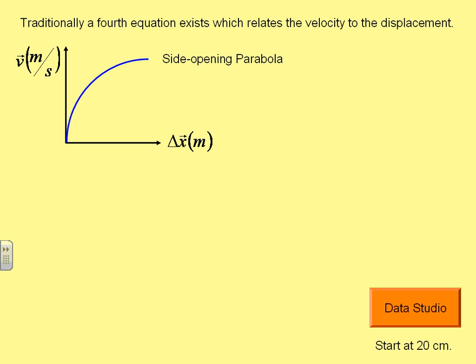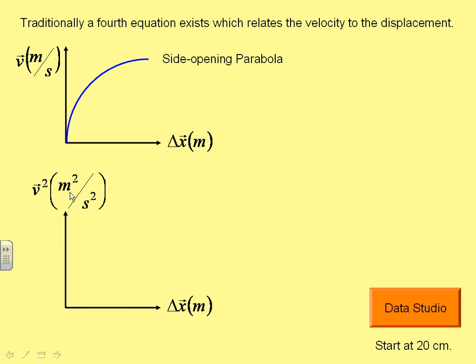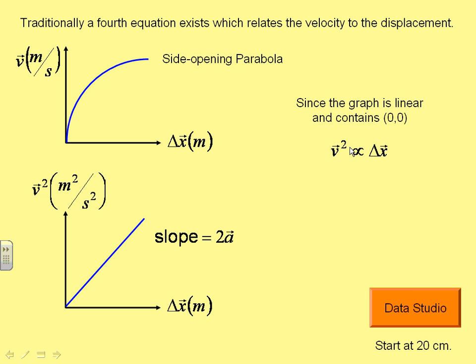Now in class we're going to try to linearize that graph, and we're going to find that in order to linearize it, we need to square the velocity, in units of meters squared per second squared, and graph that versus the displacement in meters. That gives us a straight line. Since it is linear and goes through 0, 0, we know that the velocity squared is proportional to the displacement.